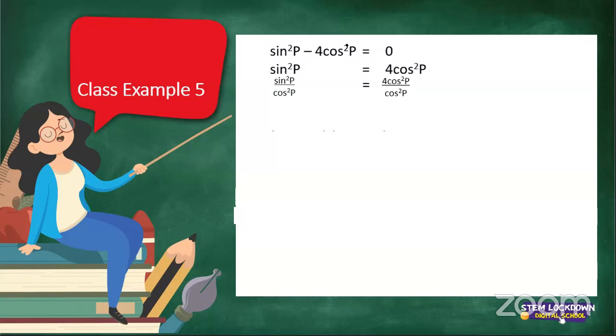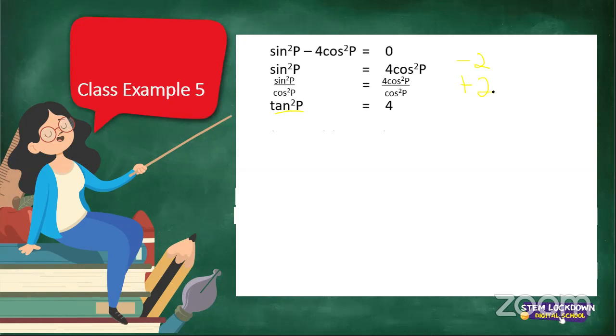So we're going to divide both sides by cos squared p to get a tan. It's almost like cancelling out the common factor. And we find ourselves having tan squared p equal to 4. So if you're fast enough, as soon as you get into the groove of this, you'll be able to see that tan p could either be minus 2 or plus 2.